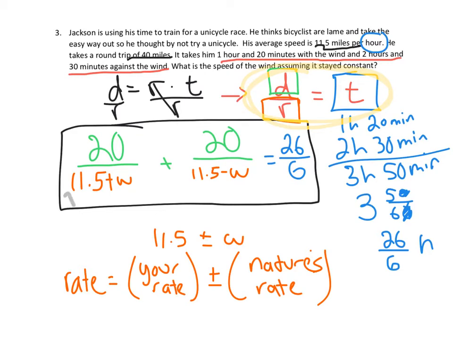We have this distance over rate, which we can consider Jackson's time going out, plus the distance over rate of him coming back in. So the distance in either case, again, is 20 miles, and then the rate, depending whether he's going with or against the wind, will be his 11.5 plus the wind speed or 11.5 minus the wind speed.